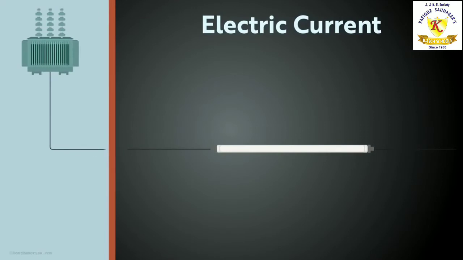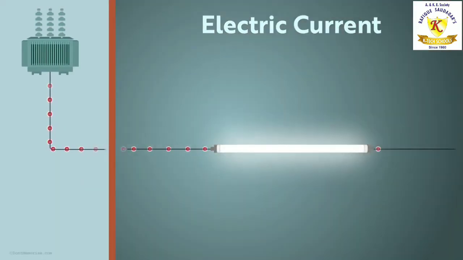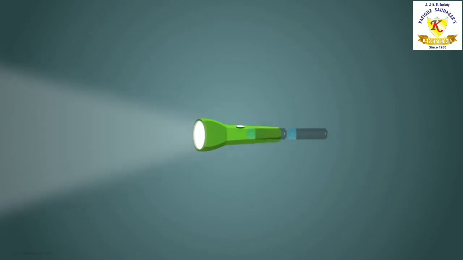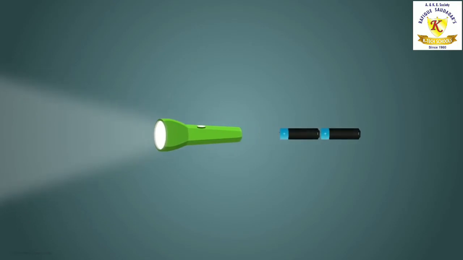So the transformers supply energy to charges to move in a wire, which in turn makes the appliance work. A flashlight also works in the same way, but here the energy is supplied by two electric batteries.